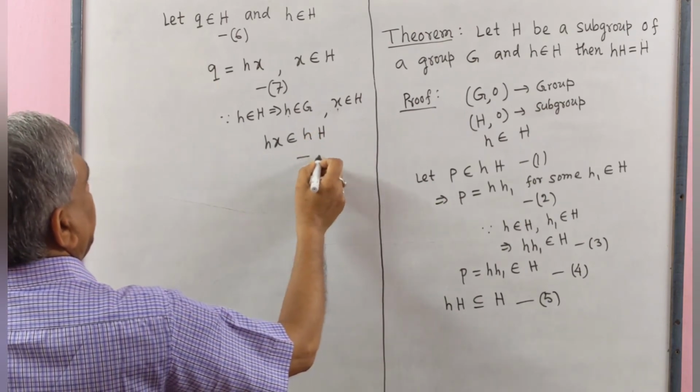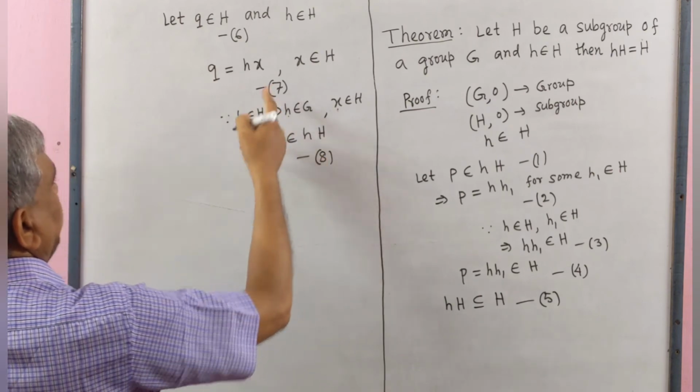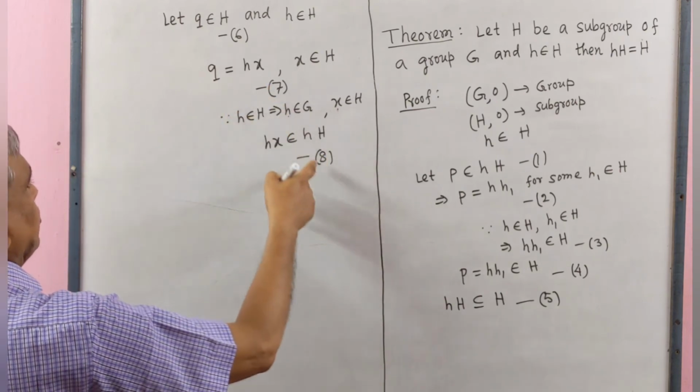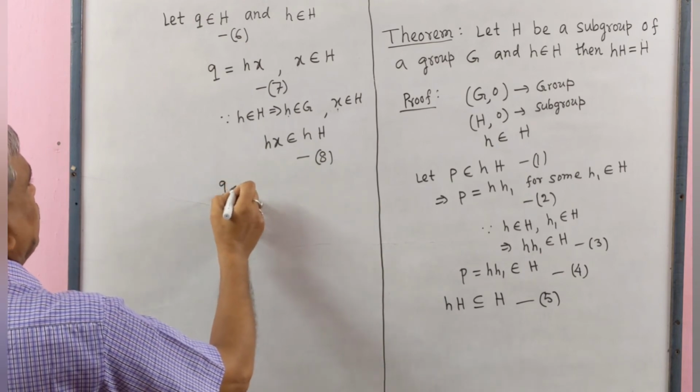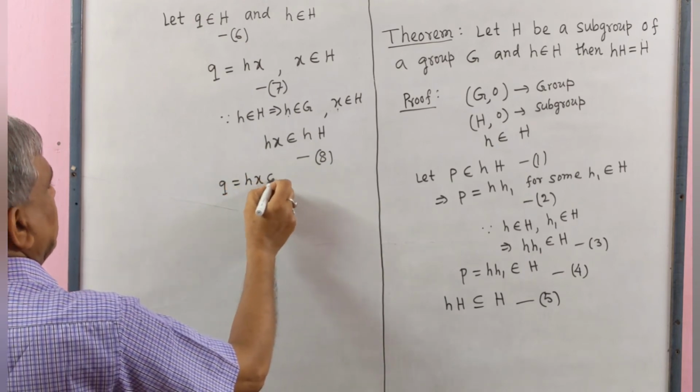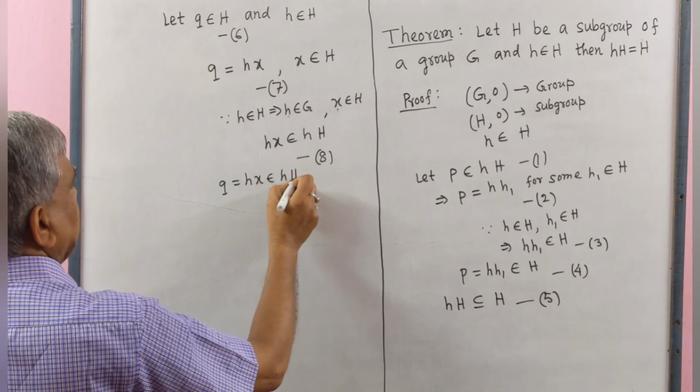This is number 8. From 7 and 8 we get q equal to hx belongs to hH.